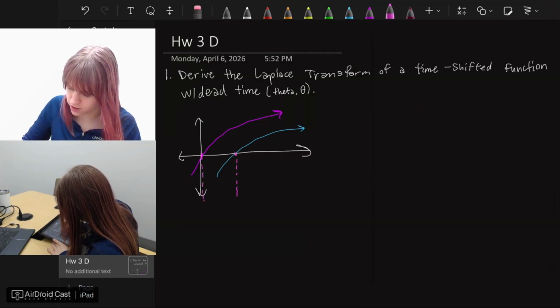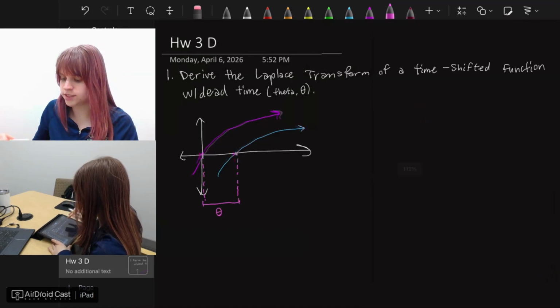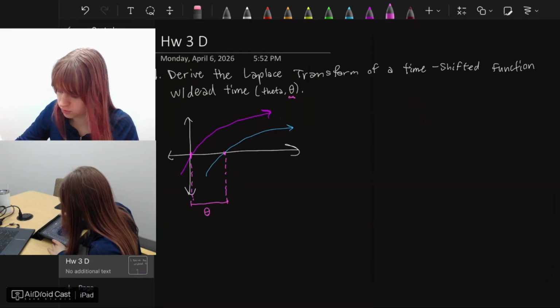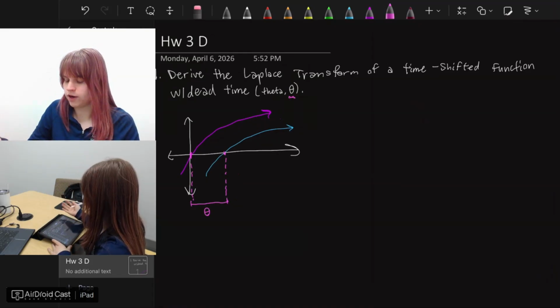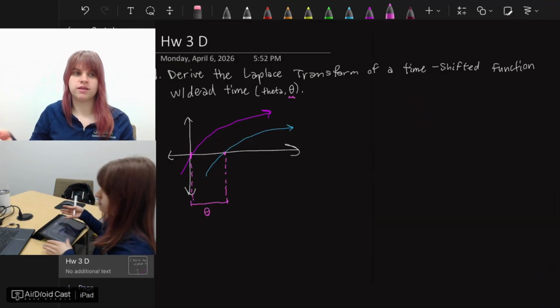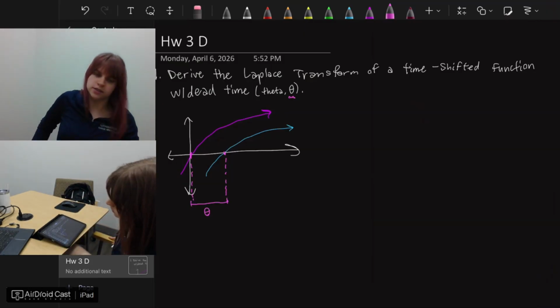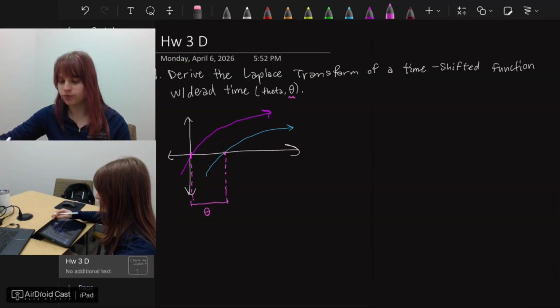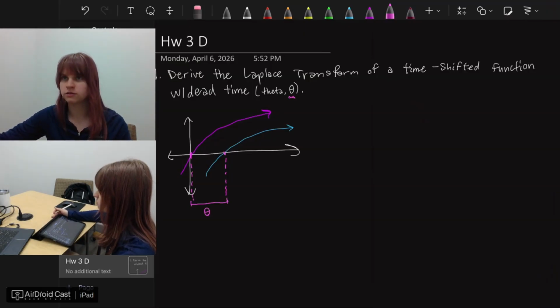So this would be our theta. We're using theta as the variable to define dead time. Essentially, dead time is a lag or a delay in time to observe a change that has occurred.